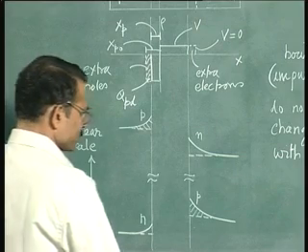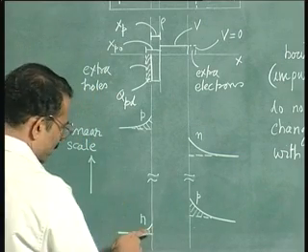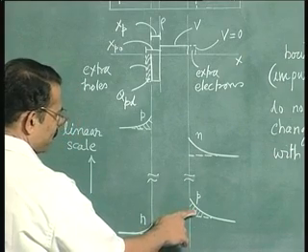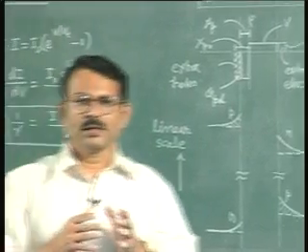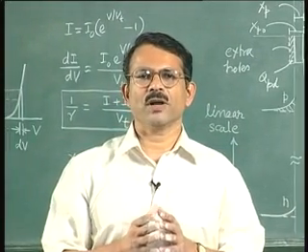That is why we can estimate the capacitance by summing up these two areas, and therefore this capacitance is referred to as the diffusion capacitance. So now we will discuss the estimation of the diffusion capacitance.